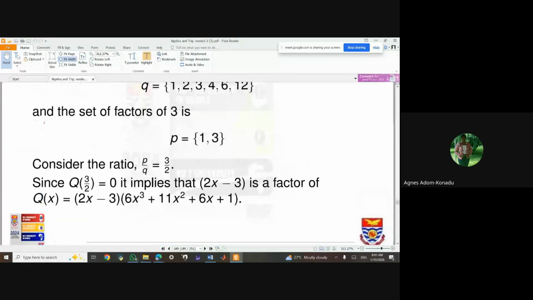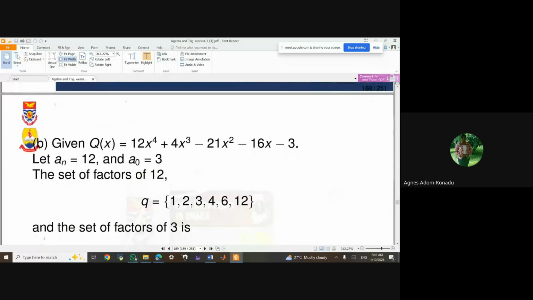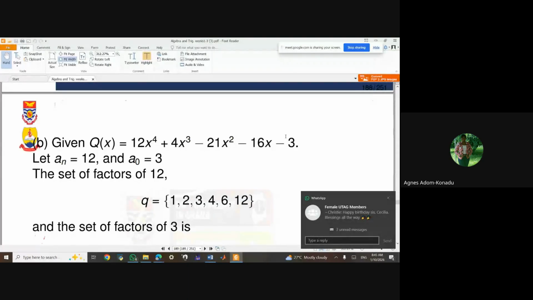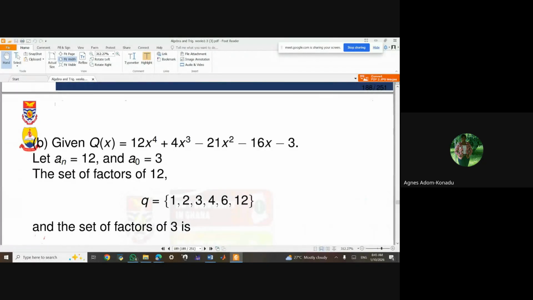Okay. So on the question, we have 12x to the power 4 plus 4x cubed minus 21x squared minus 16x minus 3. And we want to use the rational zero theorem. So it says that my a sub n is 12, and then a sub naught is 3.